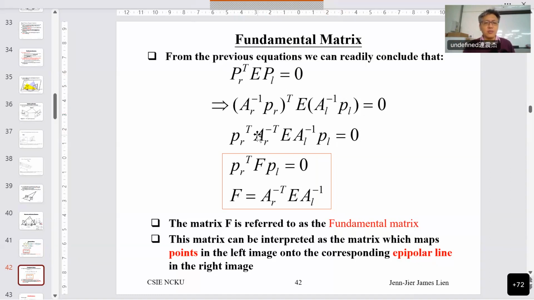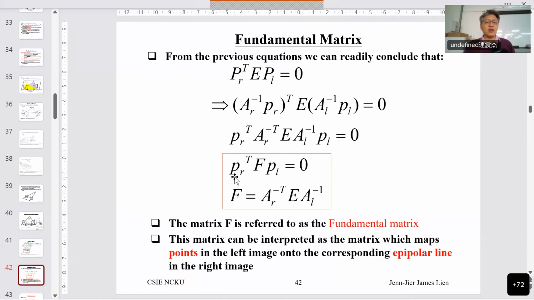And we will transfer. So the A will become just a switch. So switch to this one, switch to this one. So the A is the intrinsic parameters. So this A, E, A, this one we call the fundamental matrix. Okay. So how can we explain this one?